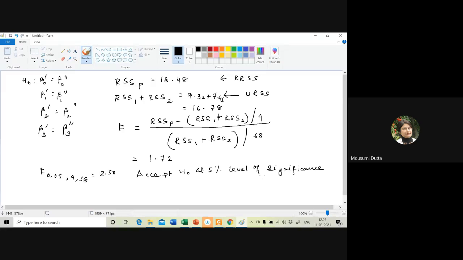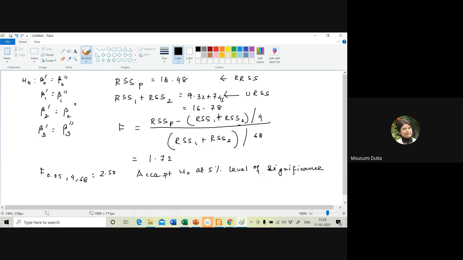So you have 3 equations. Log Q is equal to an estimated model, R square and S values are given. Then the regression is there for the 2 subperiods. Similar kind of models are given for the 2 subperiods. And you have to test for the stability of the production function over the 2 subperiods.